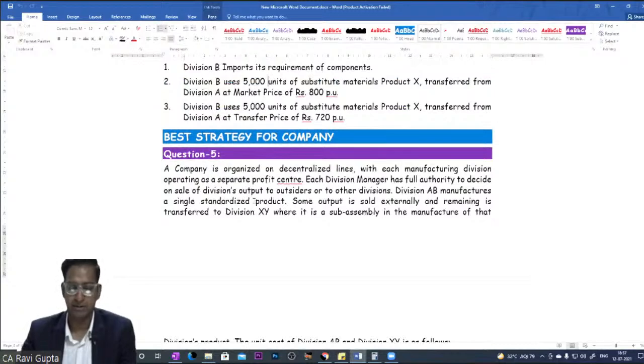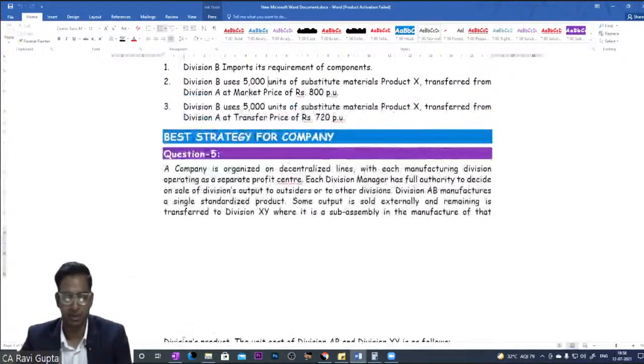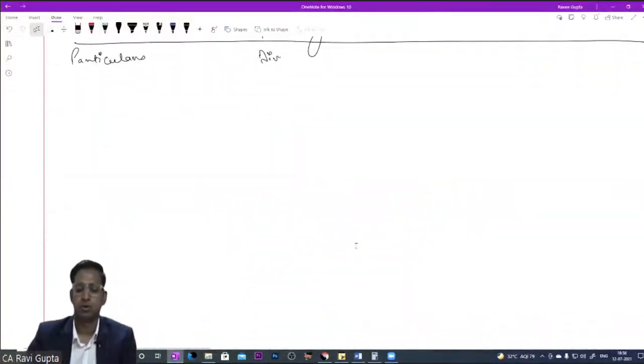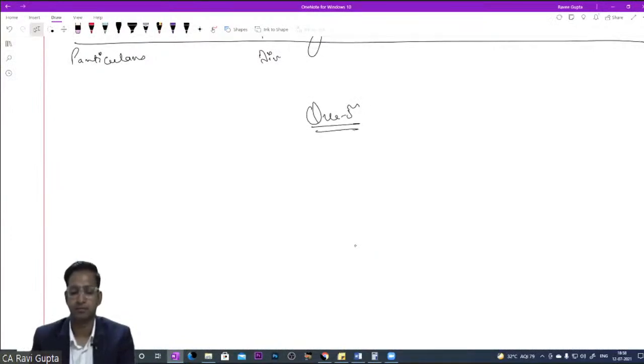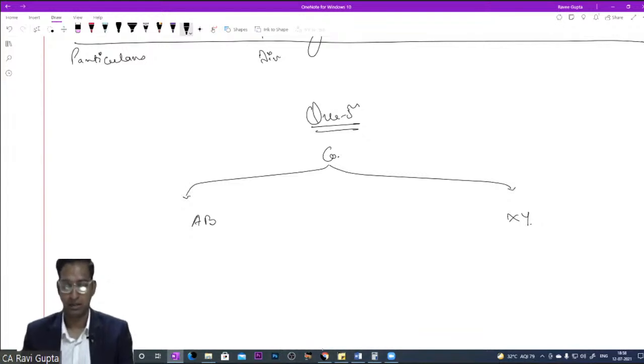So division AB manufactures a single standardized product. Some product is sold externally, and the remaining is transferred to division XY, where it is a sub-assembly. So we have two divisions of a company. Let's prepare a diagrammatic flow. Question number 5. Company: AB and XY.